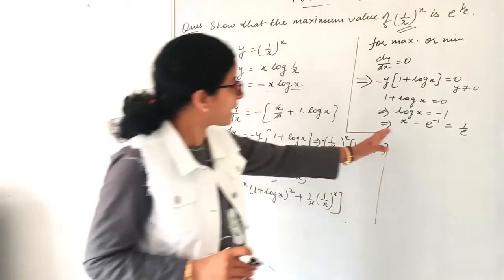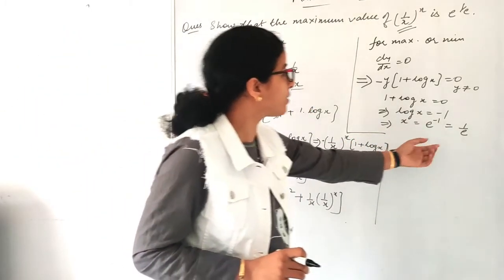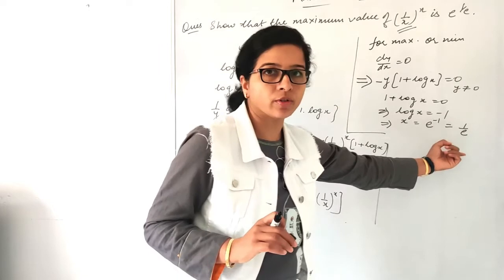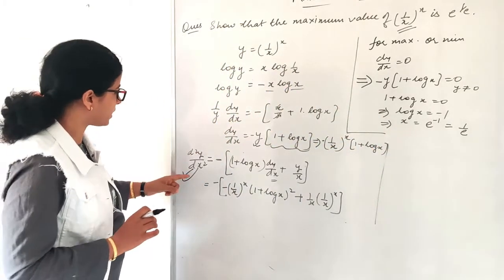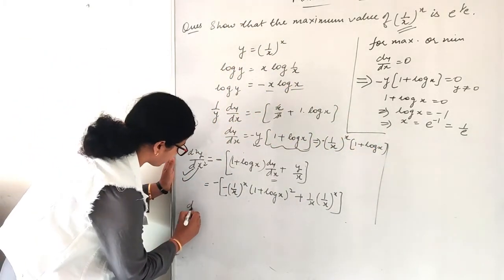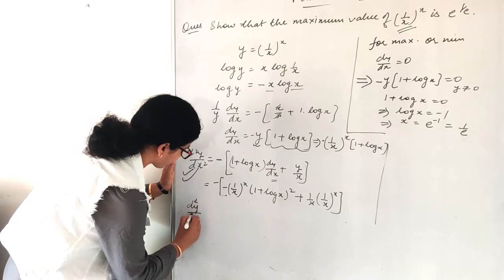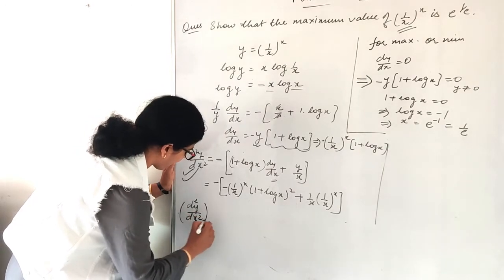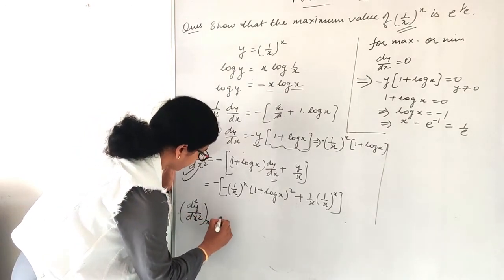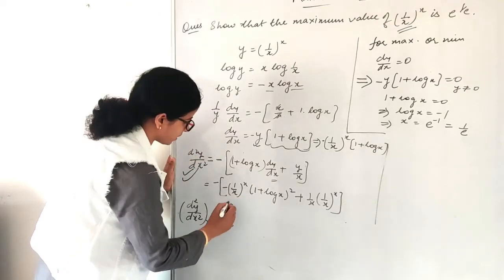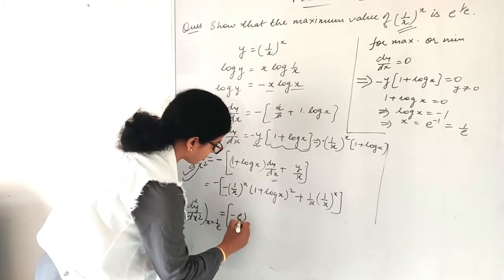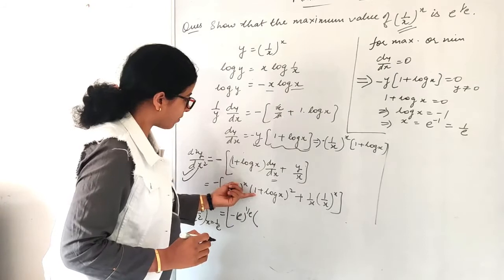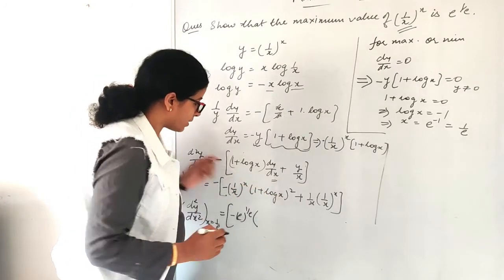So now we have got x equal to 1/e, and let us check whether this is a point of maxima or point of minima. So we'll substitute in d2y/dx2 at x equal to 1/e. So it will become e to the power 1/e, (1 plus log 1/e), right?